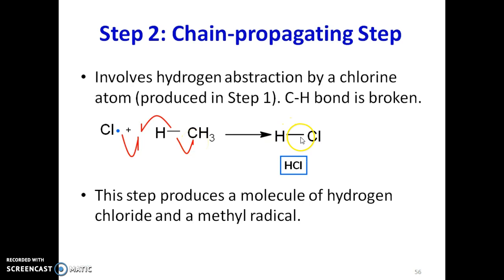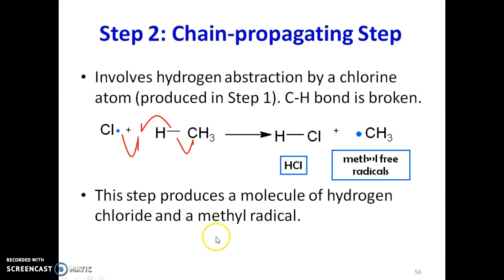This HCl comes from one electron from the C-H bond and one electron from the Cl free radical. They meet, so they form a bond. And then we produce the CH3 free radical. So this step produces hydrogen chloride and the methyl radical, CH3 free radical. As we know, a free radical is very reactive.